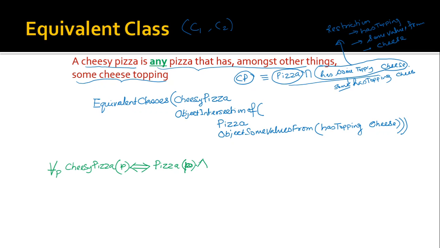And now let us model this some values from. The way to model some values from is that you assume that there exists at least one topping t, where has topping p t holds, and along with that t should be a member of the cheese class, or t should be a type of cheese.